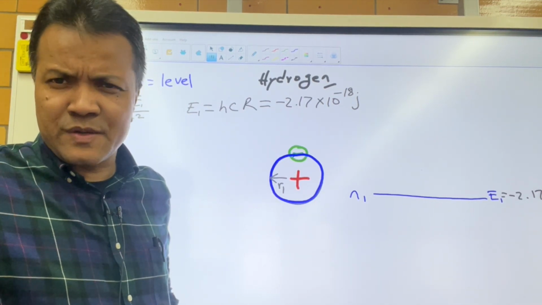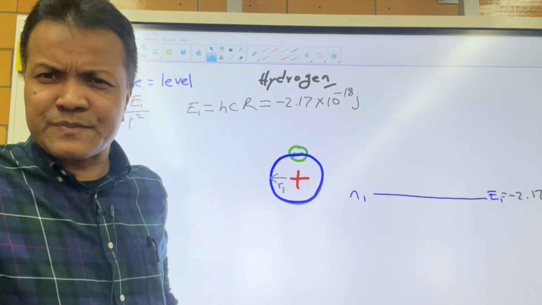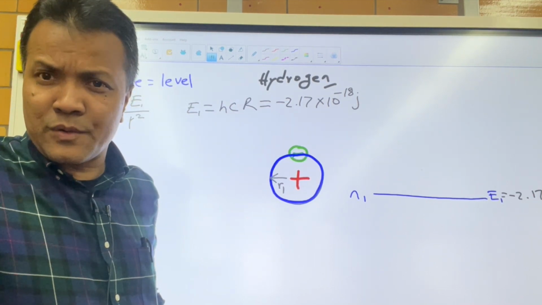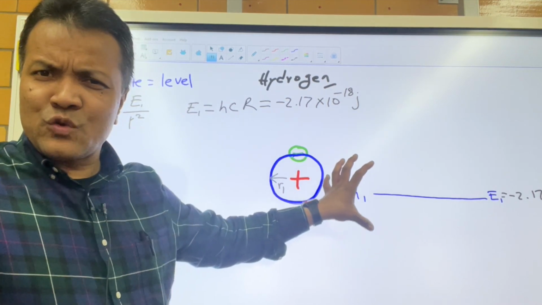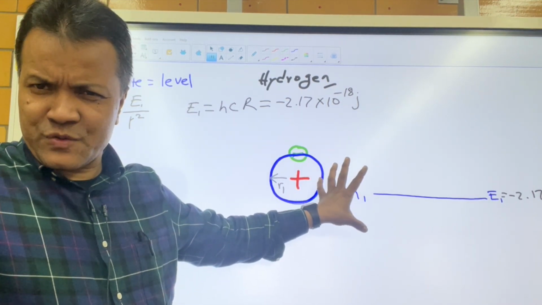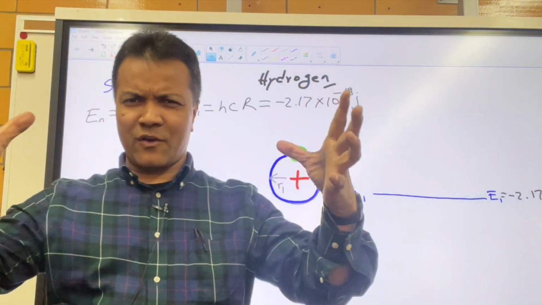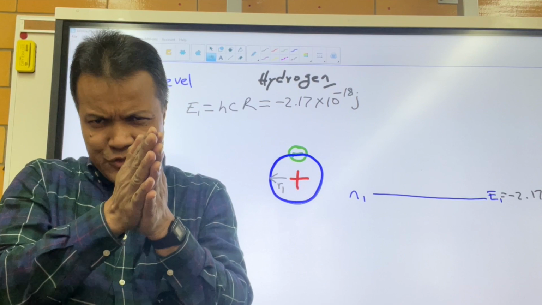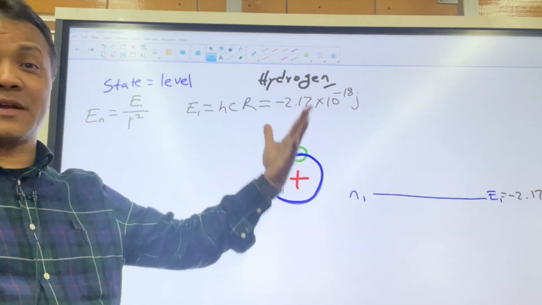Sometimes for mass we use milligram instead of kilogram, although kilogram is the SI unit for mass. Although joule is the SI unit for energy, sometimes we use electron volt. Joule is like a bag of energy. Electron volt is like a small bag of energy. So you're going to have to convert this to electron volts.